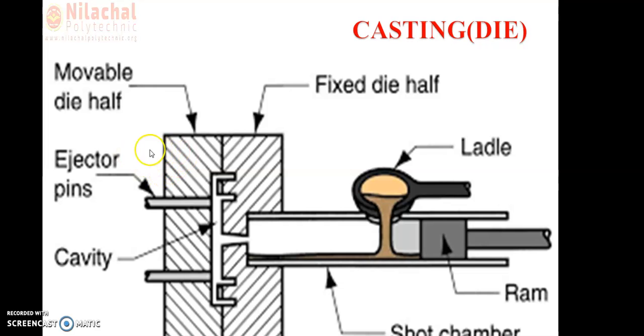Immediately quenching takes place, and the molten metal inside this mold solidifies. When the molten metal solidifies, with the help of these ejectors we move the ejector out and separate these permanent molds to get the casting out.